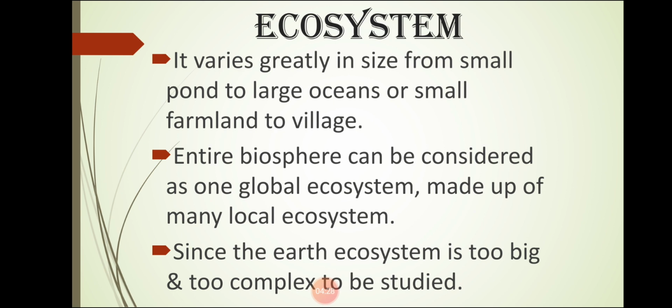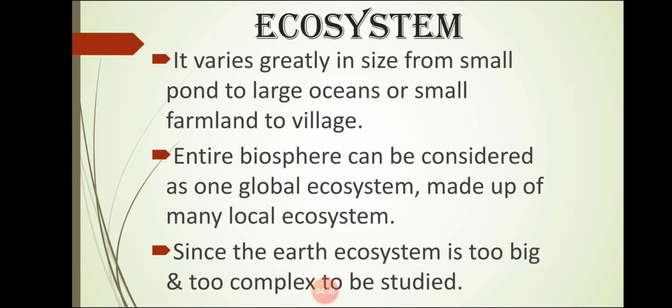It all comprises ecosystem. The entire biosphere can be considered as one global ecosystem and it can be made up of many local ecosystems. We can consider it as one global ecosystem which is made of different small local ecosystems.